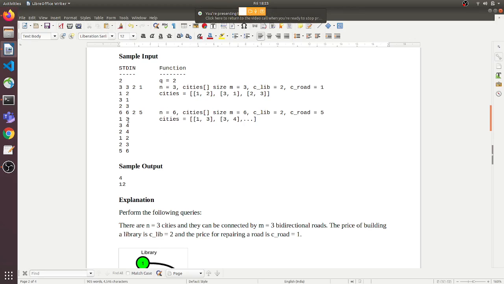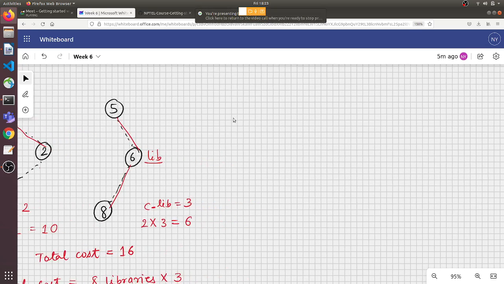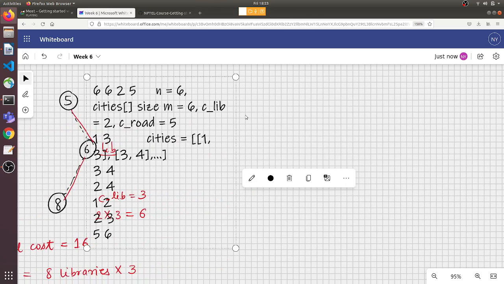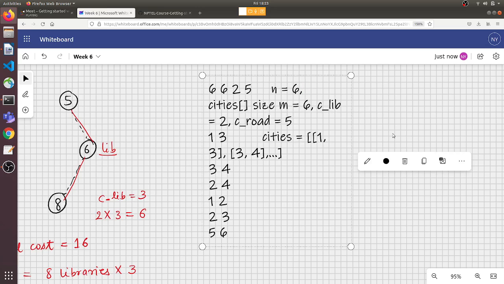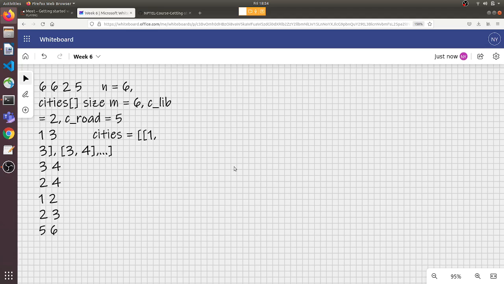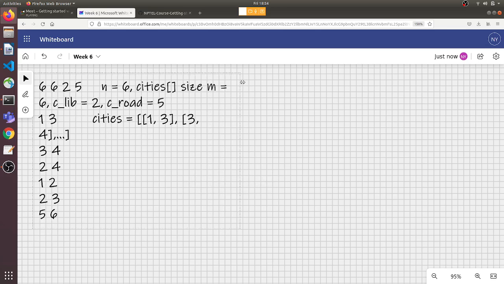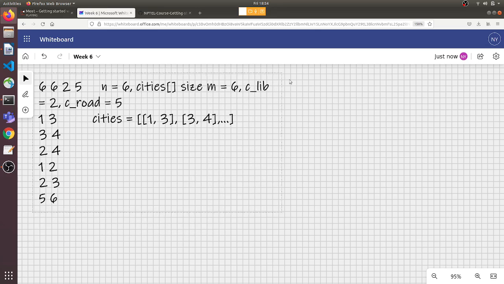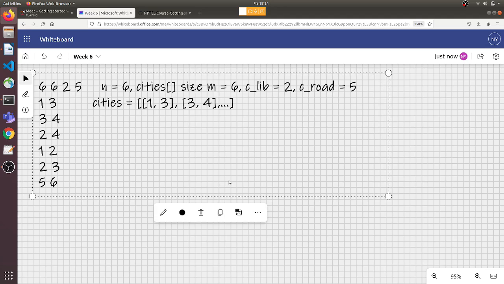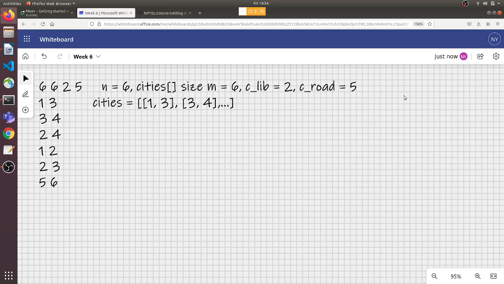For the next one, let's try to do this on the whiteboard. It says that you are given 6 cities, 6 roads can be constructed, the cost of a library is 2, the cost of a road is 5, and these are the roads.